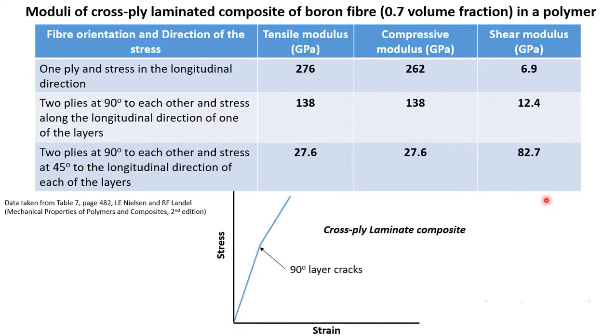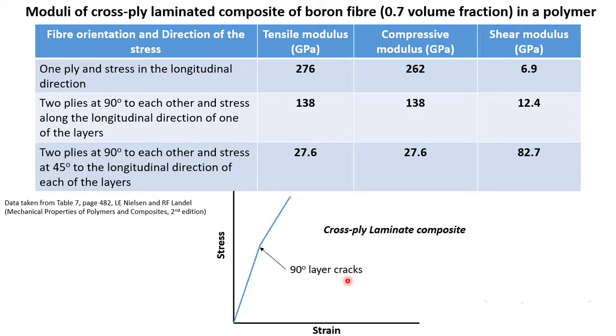So the stress and strain property of a cross-ply laminate will show something like this. This is a schematic representation, and what we see is a kink here, and this kink happens because one of the layers, the 90-degree layer, cracks. When the crack initiates between the layer which is aligned in the direction of force and another layer which is 90 degrees to this layer, there is a failure at the interface.